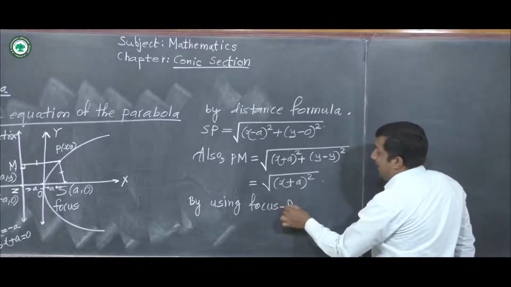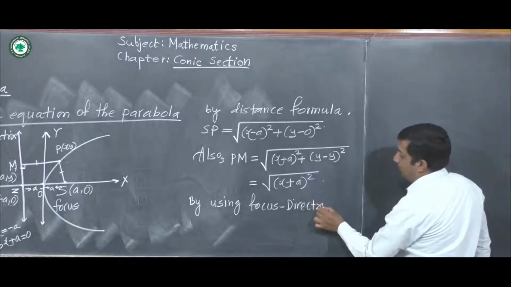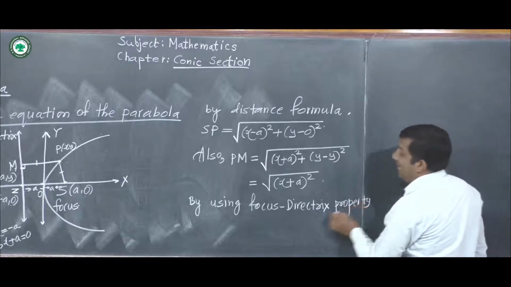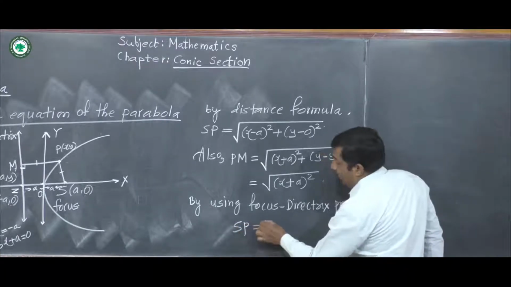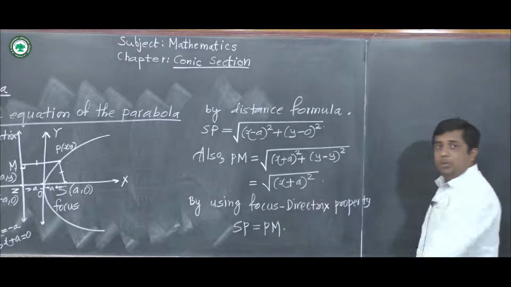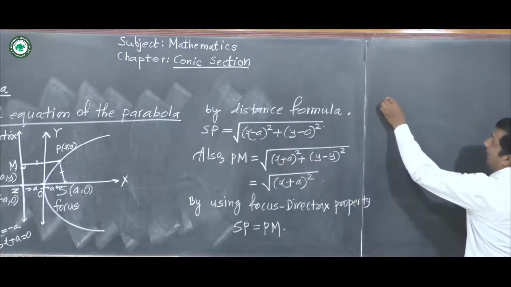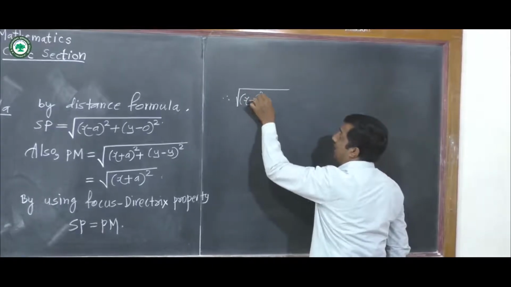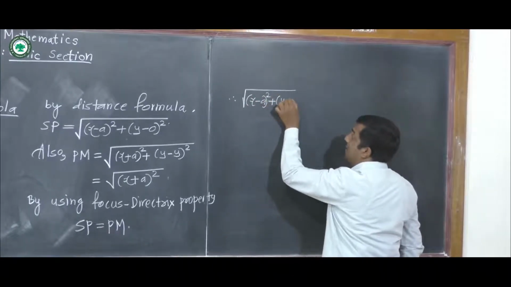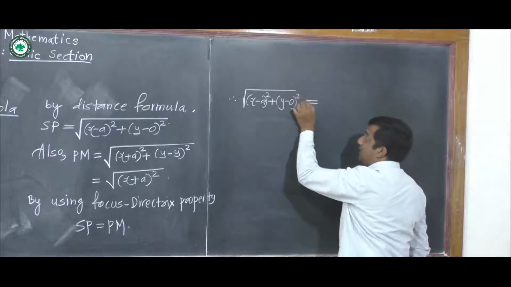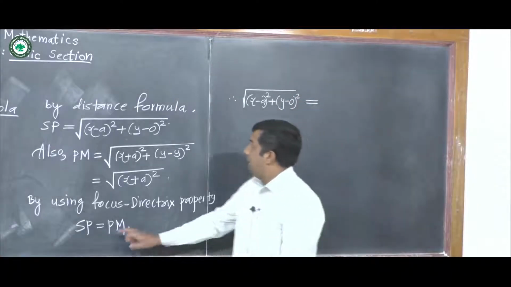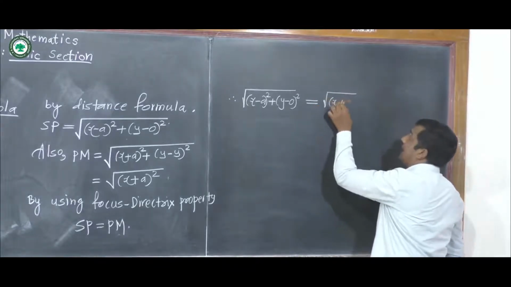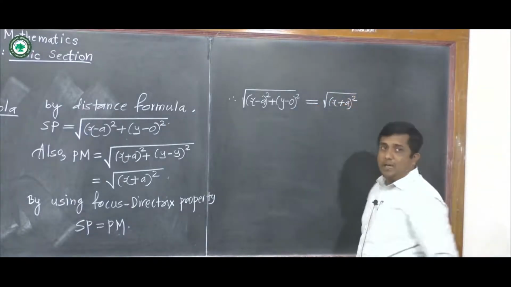SP is the square root of (x - a) squared plus (y - 0) squared, equal to PM, which is the square root of (x + a) squared.